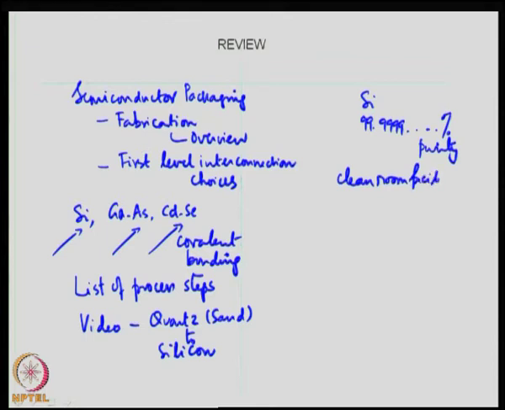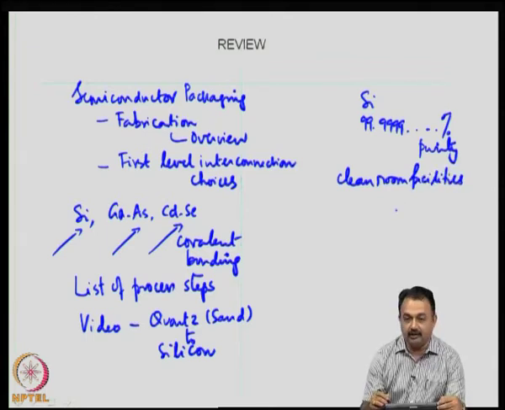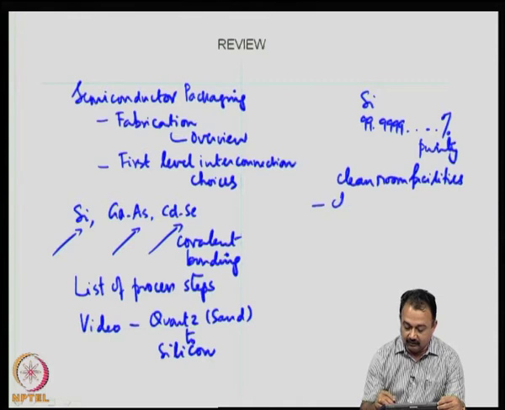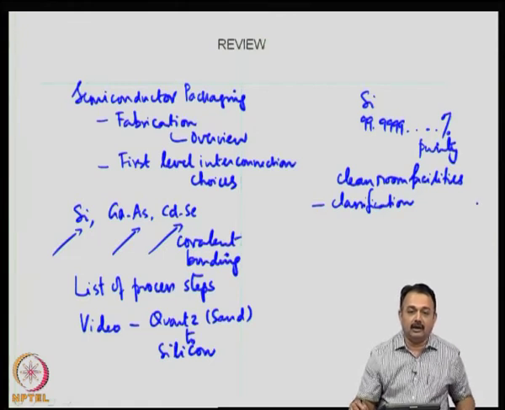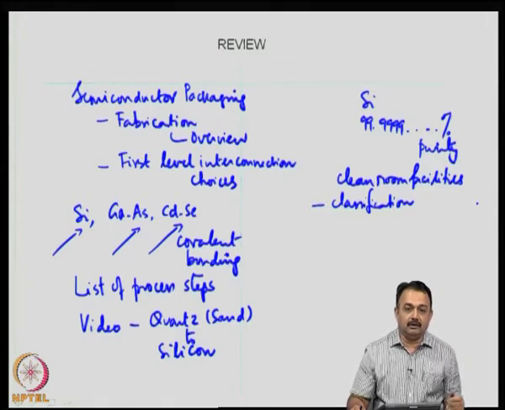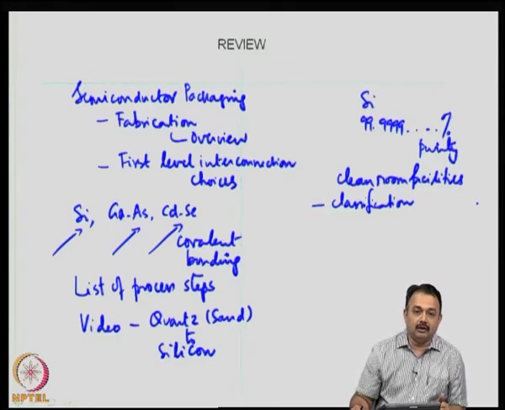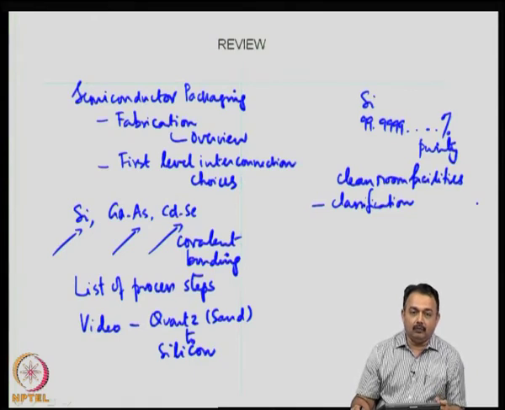I hope you can remember that we talked about various classifications for clean room like class 1, class 10, class 100, class 1000 and class 10,000 and what each of it denotes. For example, class 1 would denote 1 particle per cubic feet having a particle size of around 0.5 microns.